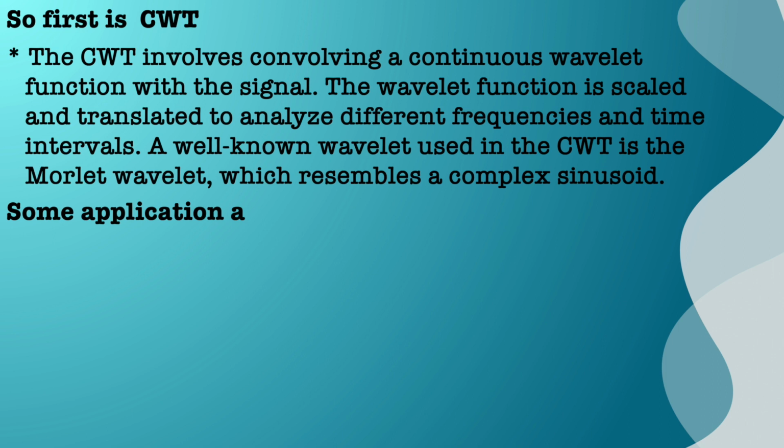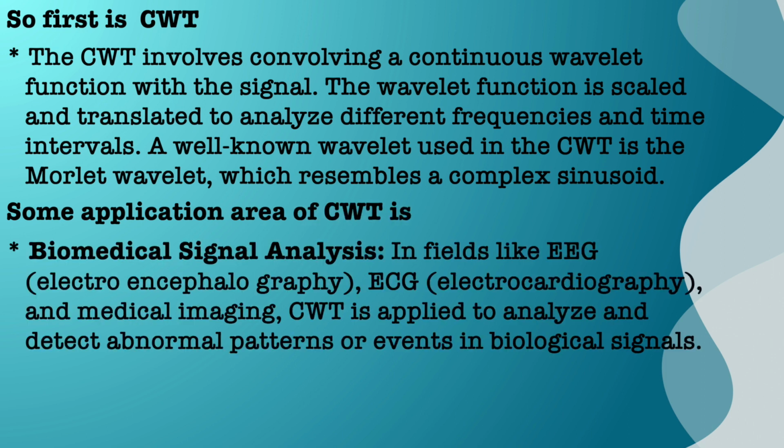Some application areas of CWT: biomedical signal analysis. In this field, like EEG and ECG and medical imaging, the CWT is applied to detect abnormal patterns or events in biological signals.